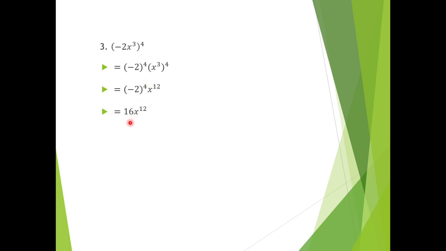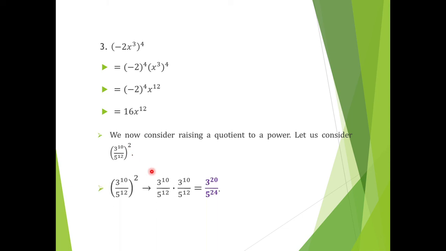So, positive yan. So, we now consider raising a quotient to a power. Let us consider 3 raised to 10 over 5 raised to 12, squared. Diba? So, 3 to the 10 times 2, 20. And then 12 times 2, 24. So, parang ganun yan. O, diba? Ganun lang siya kadali.